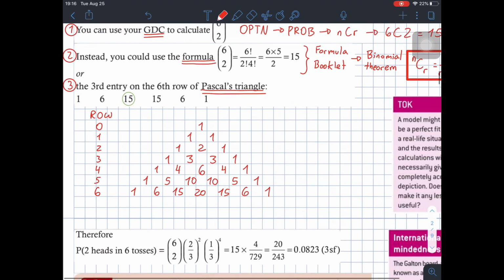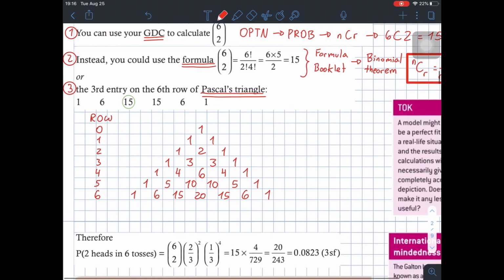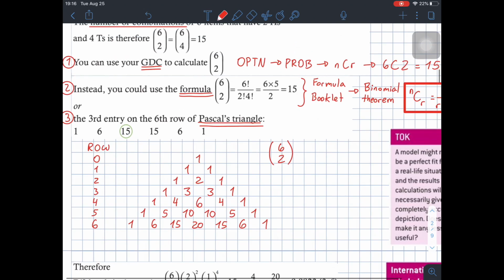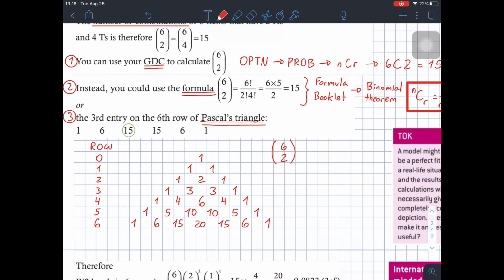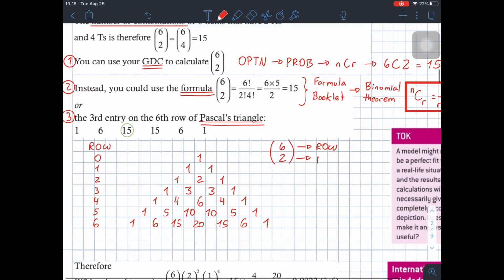So if you pay attention, remember our objective is to find the value of 6, 2, right? The combination of 6 trials taken 2 at a time. If we look at this mathematical notation and associate it with the Pascal triangle, the 6 is the indicator of the row we need to look in, and the 2 is the indication of the position.